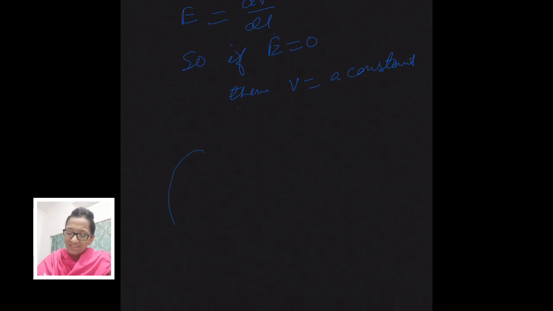Inside a charged shell, for example, we had obtained that E inside is equal to 0, and there is electric field on the surface and outside the surface, at any point. So when the electric field is 0, the potential is a constant.